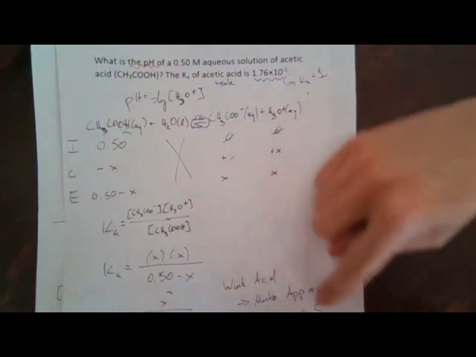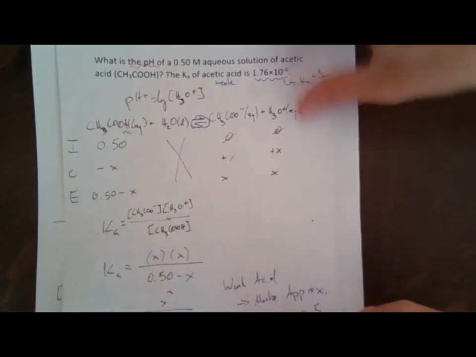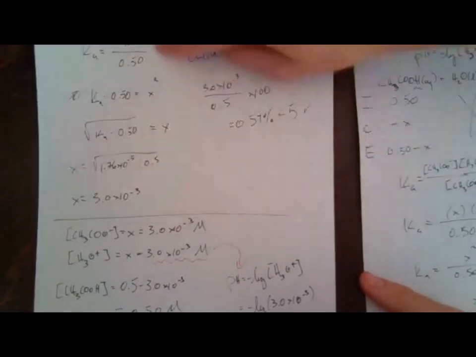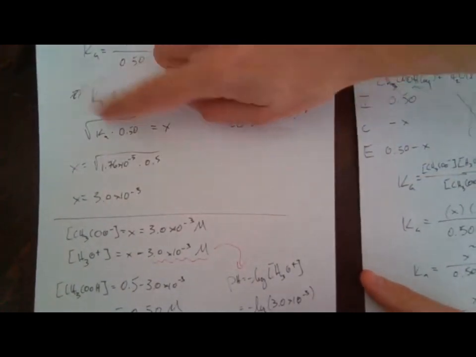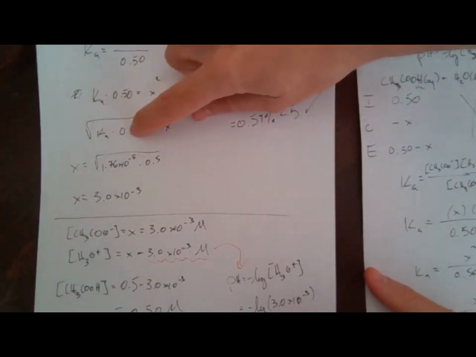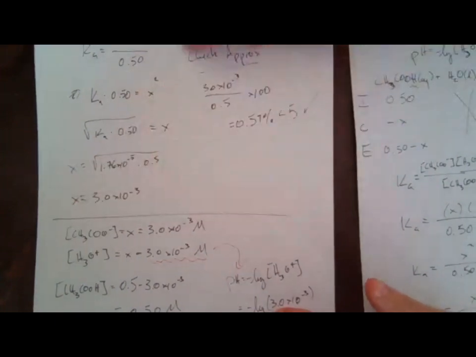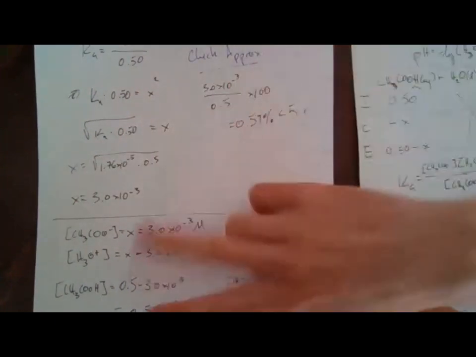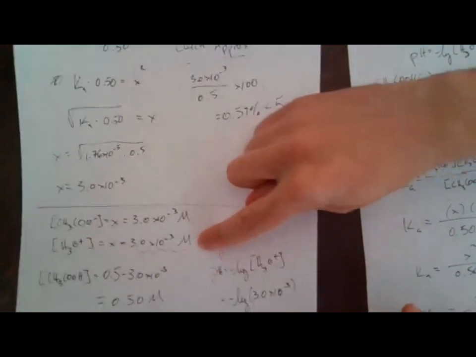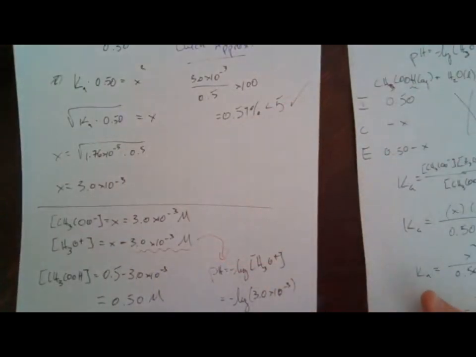You can almost always make the approximation. You always should try to make the approximation. So this algebra is almost always going to follow the same pattern. You take the square root of the dissociation constant times the initial concentration of acid to get the X, check your approximation, and then you really don't have to do all of this. Really, all you want is the hydronium concentration because that's the only thing that goes into the pH.